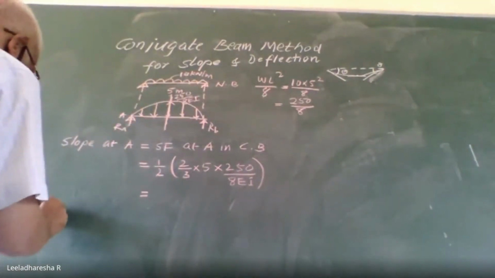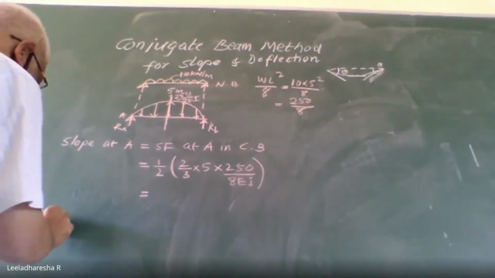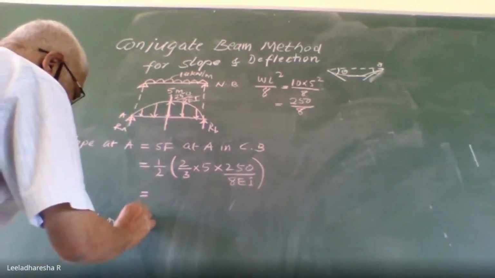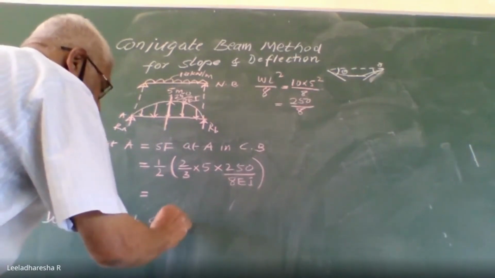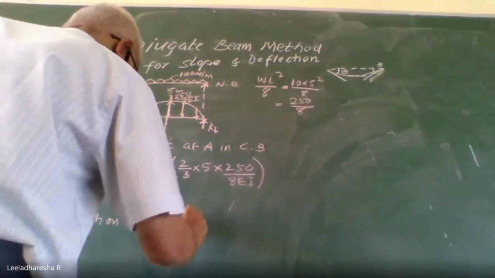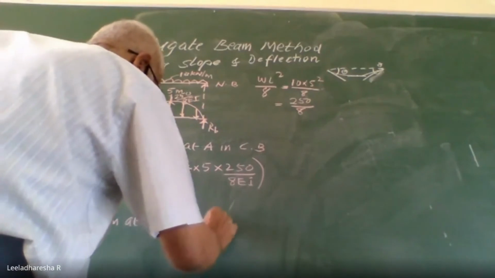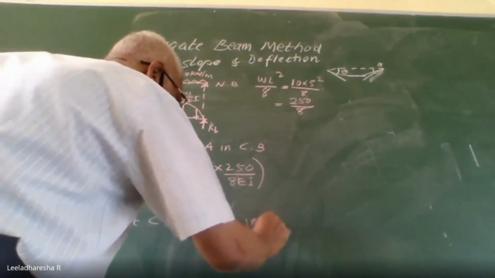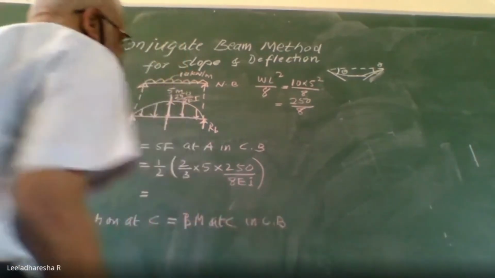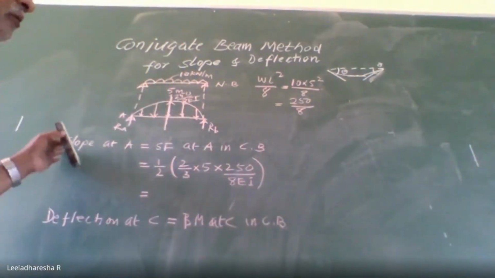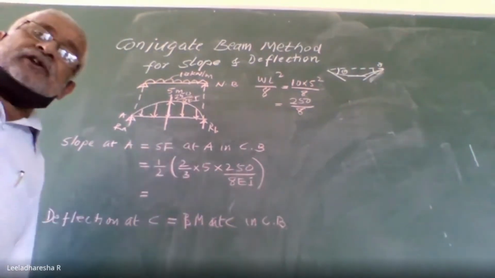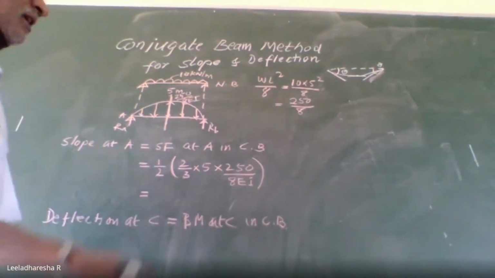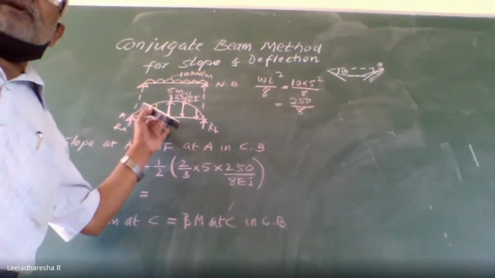Therefore, I can say deflection at C, center, is equal to bending moment at C in the conjugate beam. This relation you should remember. Slope is equal to shear force in the conjugate beam. Deflection is equal to bending moment in the conjugate beam.